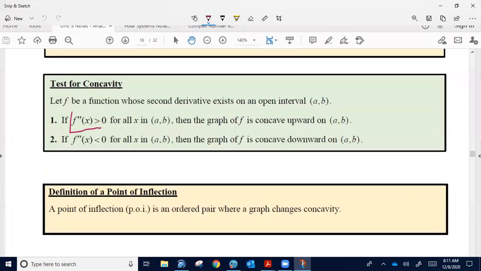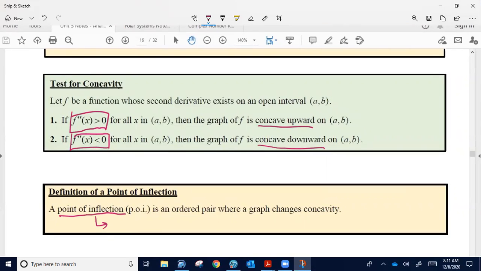If the second derivative is a positive number, a curve is concave up. If the second derivative is a negative number, the curve is concave down. If you change concavity, that is called a point of inflection.